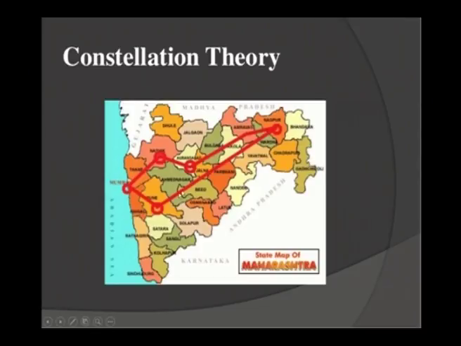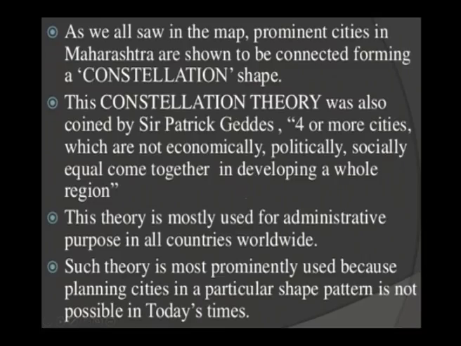Within the state of Maharashtra, how the development pattern would occur and would create a kind of zone or a constellation that could be compared to that of a linking of stars. As we saw just now on the map, prominent cities in Maharashtra are shown to be connected, forming a constellation shape. This theory was also coined by Geddes, such that 4 or more cities which are not economically, politically, socially equal come together in developing a whole region.